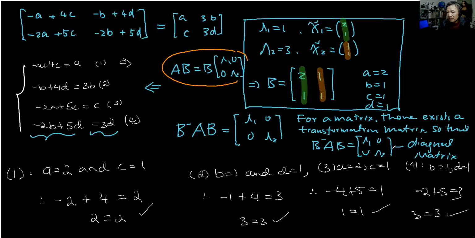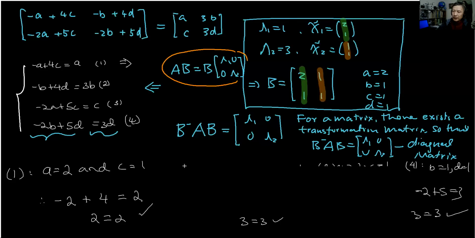This exercise is important for you to understand the diagonal. For any matrix, in principle, there exists a transformation matrix. So we'll go back to see what's wrong with this simultaneous equation, but I will tell you the idea first.